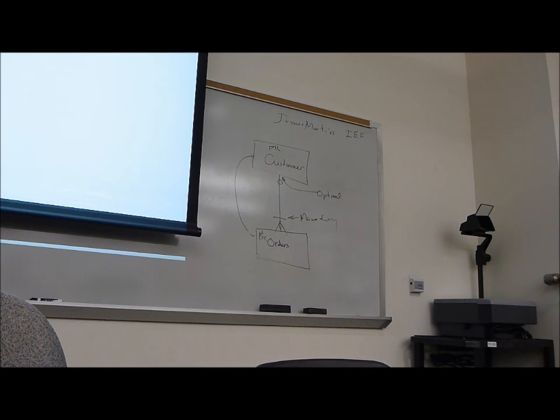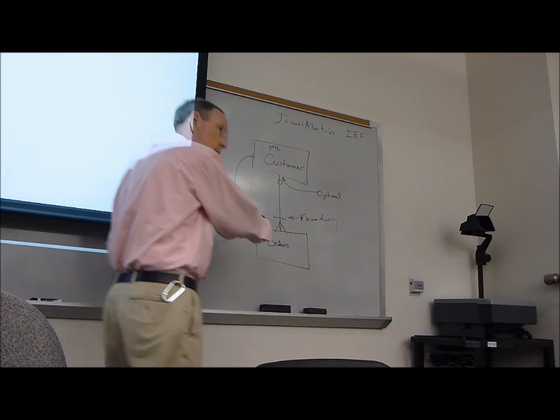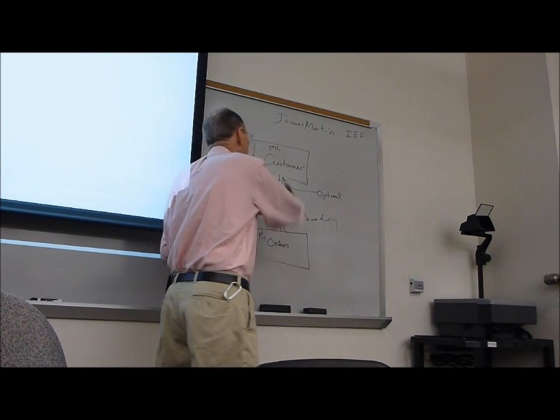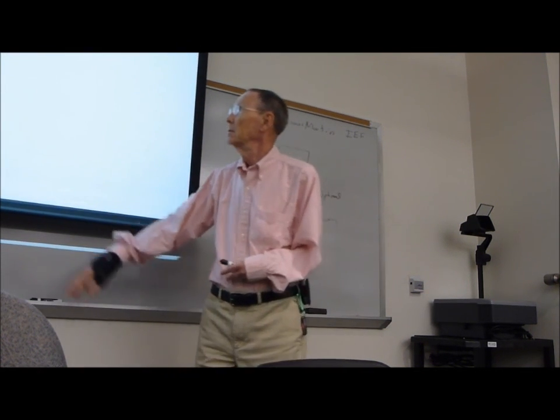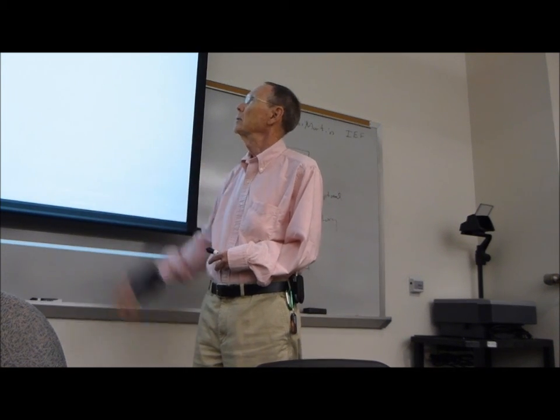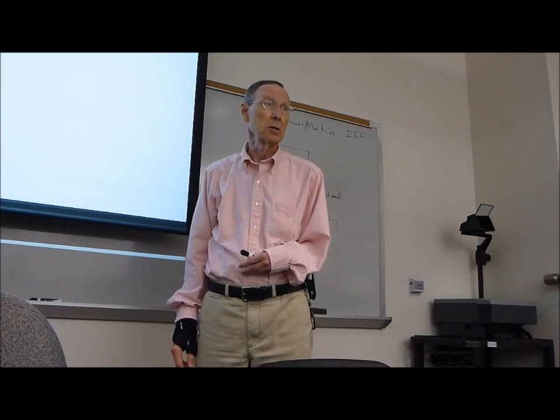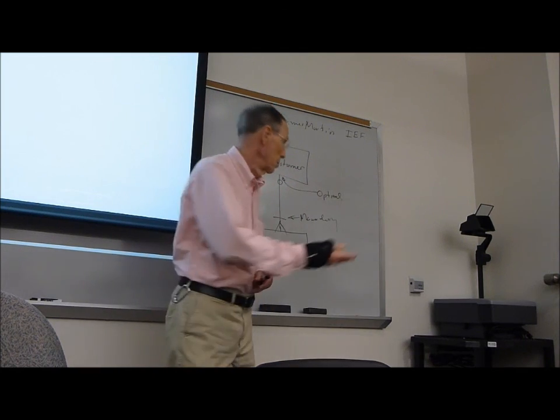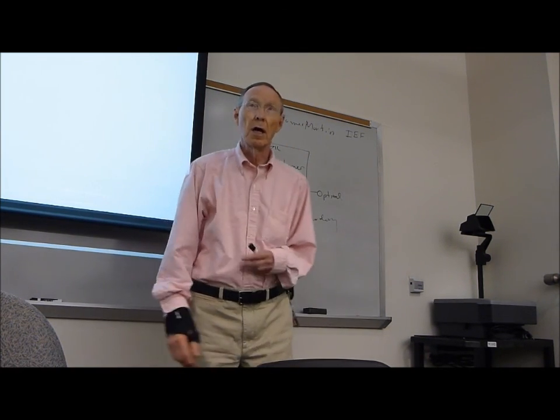Mandatory means the entity must participate in the relationship. Orders has to participate. Customer does not. So this whole business of mandatory produces an existence dependency. In other words, I don't have an order if you're not in that relationship.